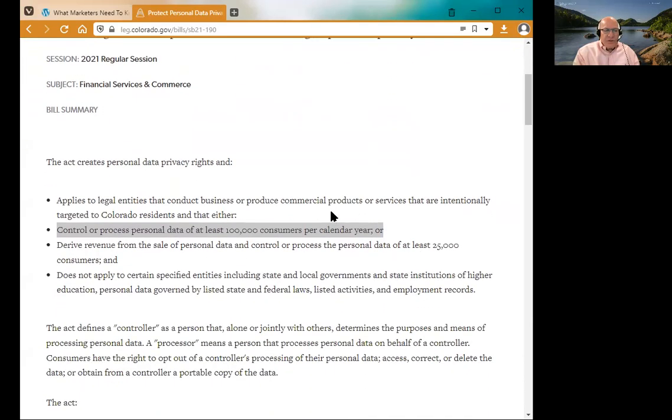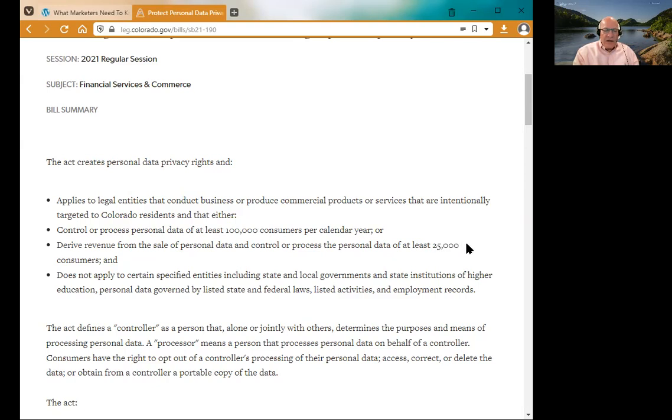It applies to legal entities that do business in Colorado and target Colorado consumers. It does not have a revenue minimum. What it does instead is say, how many records of a Colorado consumer do you collect per year? So if you collect 100,000 records, which to me, that's a big company, or if you sell records on 25,000 consumers a year, then you're covered.